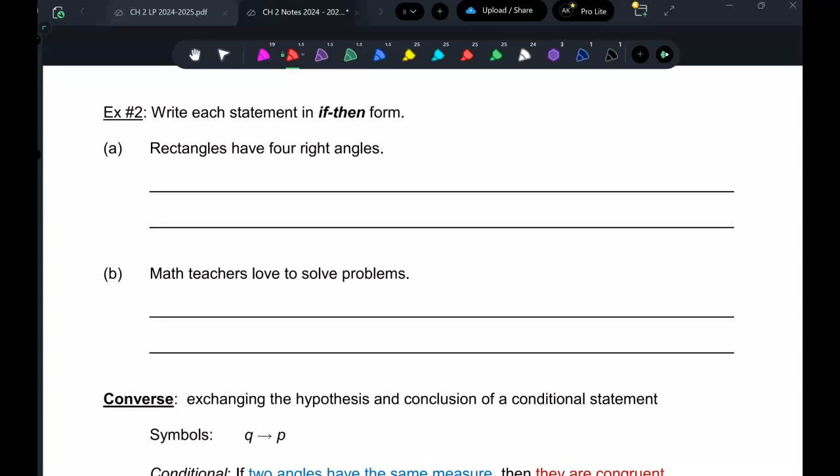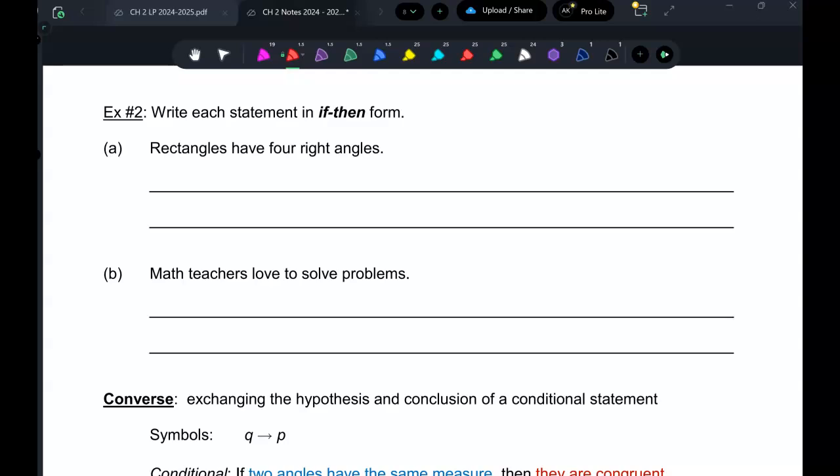All right. Now we're going to take a conditional statement and we want to rewrite it in if-then form. And there's more than one way to write this. So, rectangles have 4 right angles. What if your shape has 4 right angles, but then it has more sides? Then it can have 4 right angles if it's concave.